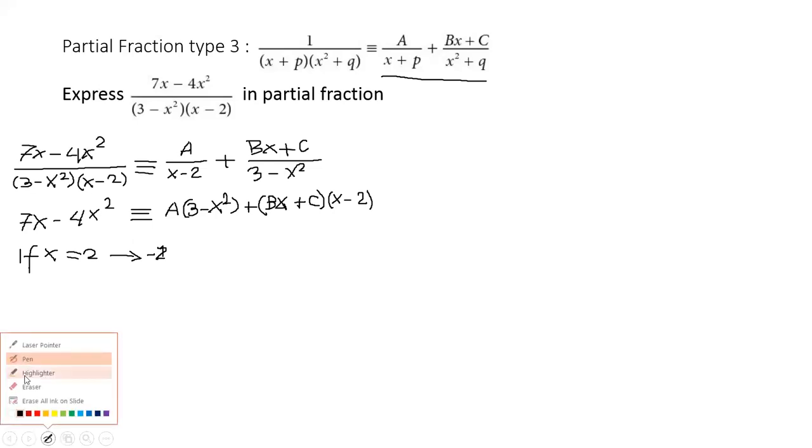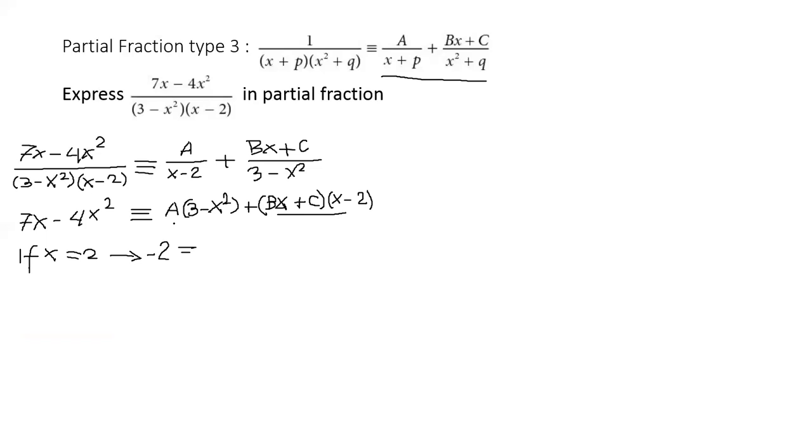On the right, a times 3 minus 4 is minus a. So minus 2 equals minus a, which means a equals 2.